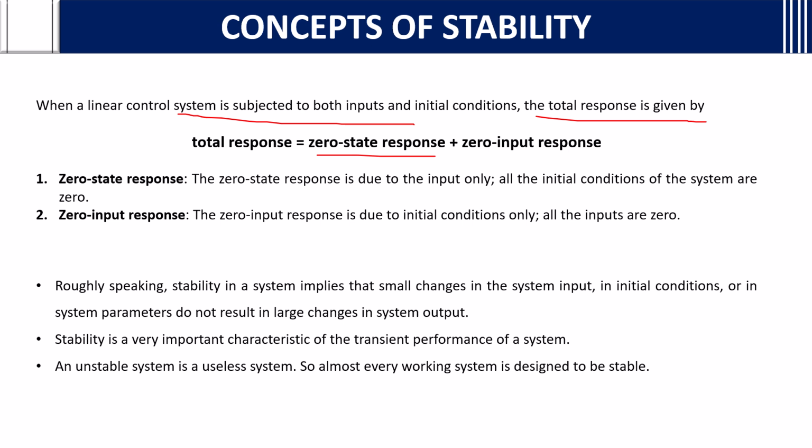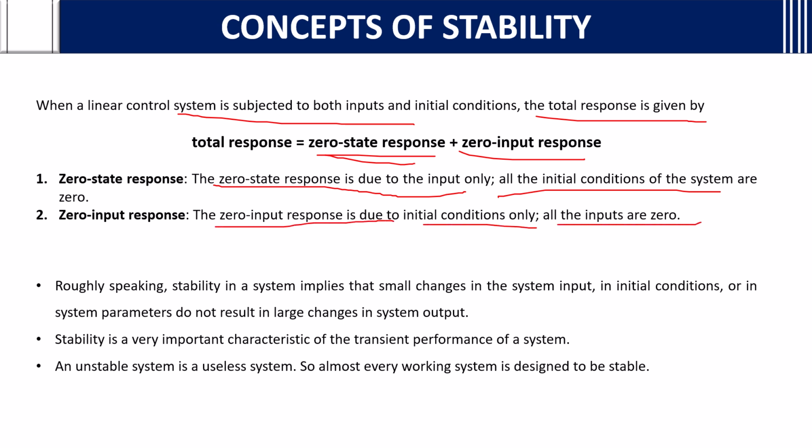The zero state response is due to input only, when all the initial conditions of the system are zero. Whereas the zero input response is due to initial conditions only, when all the inputs are zero. You need to remember that.